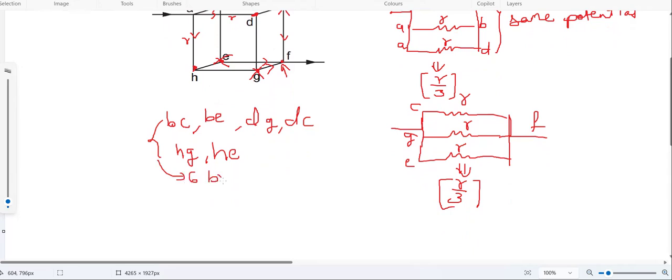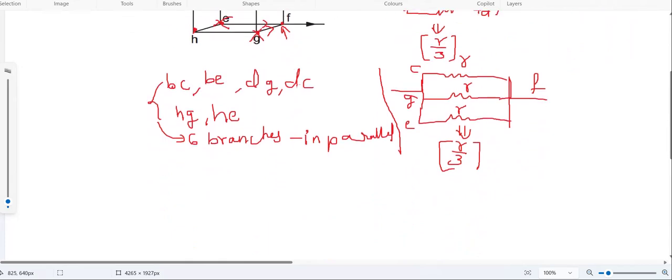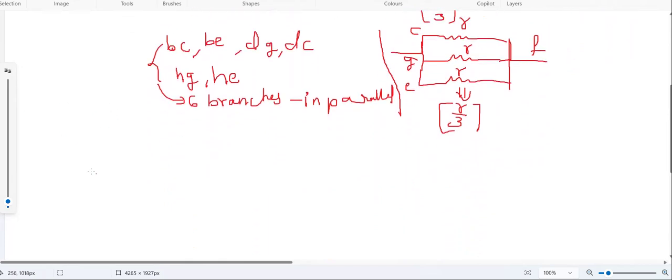Again, these six branches are going to be in parallel. So in the first case, you got R by 3. This is how the equivalent diagram looks. There will be 3 first.